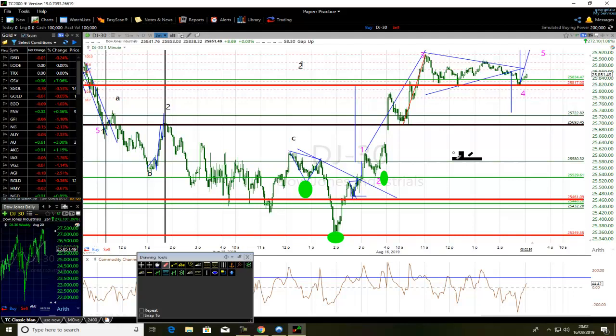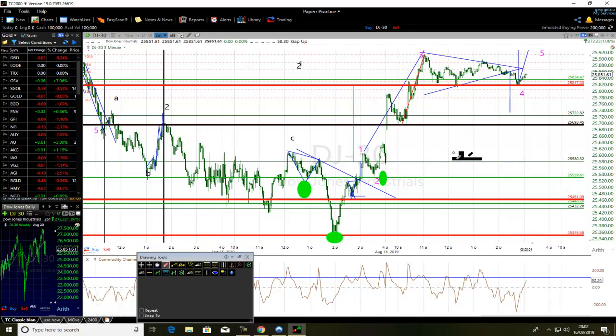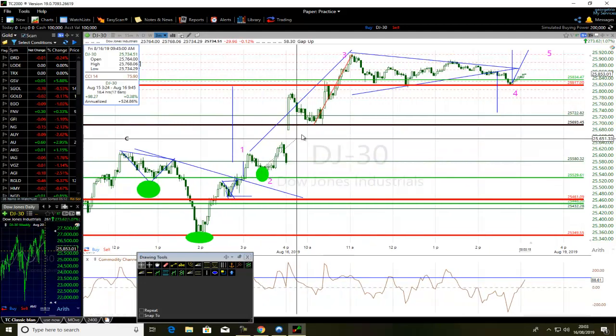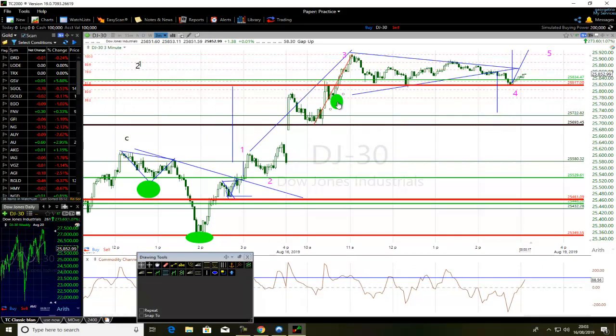The last price action of the third wave. I always tell you the third wave is coming from here all the way up. What is the last segment? Most traders will say that this is the last segment. You pull back here, that's the last segment of the third wave.